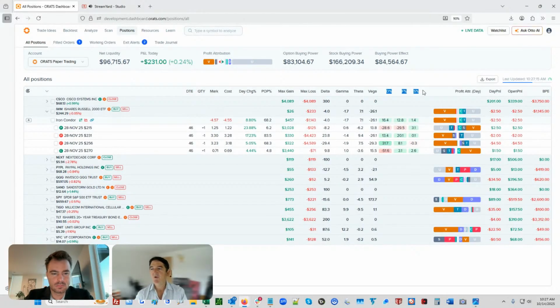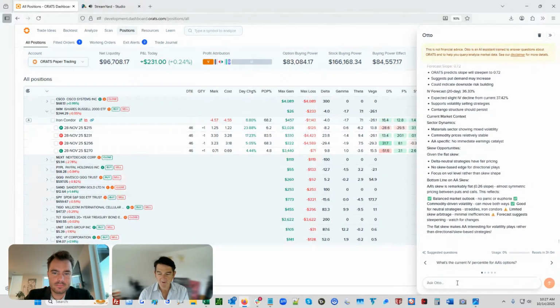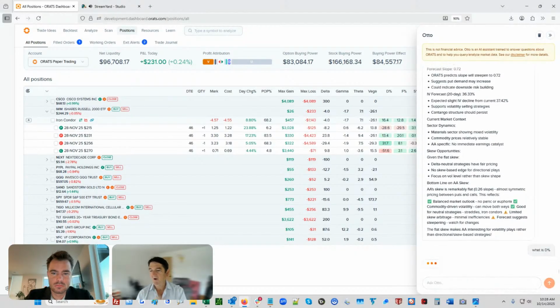And you could ask more about these on Otto. This is where we came up with it: ask about D percentage, and then Otto will go off and shoot you a huge diatribe on D percentages.